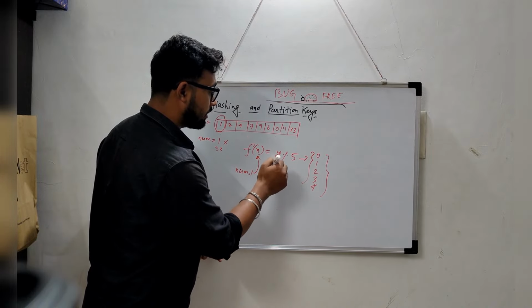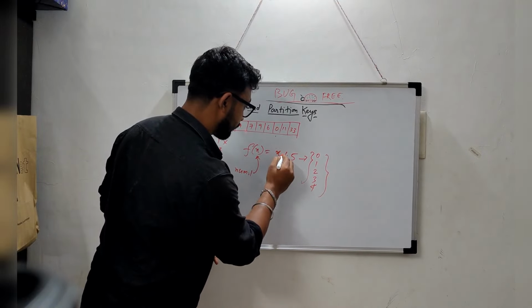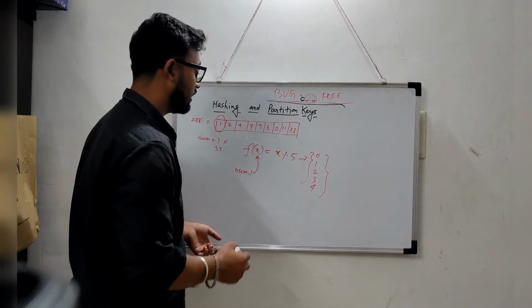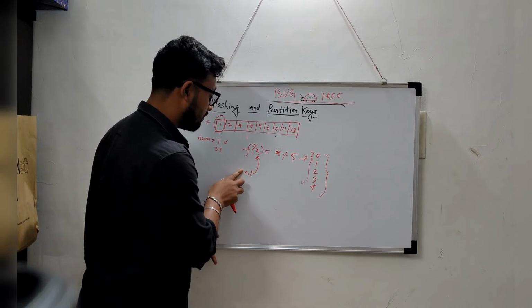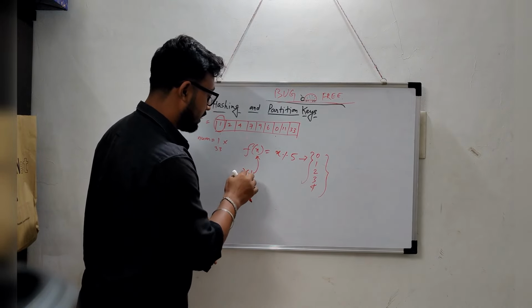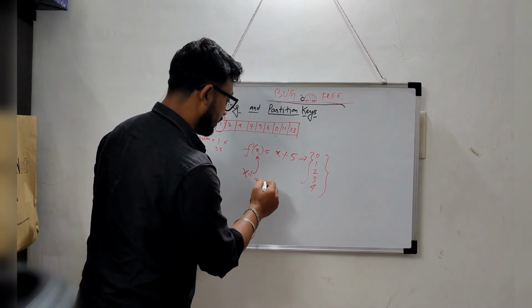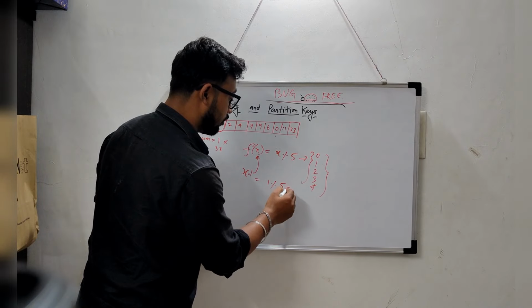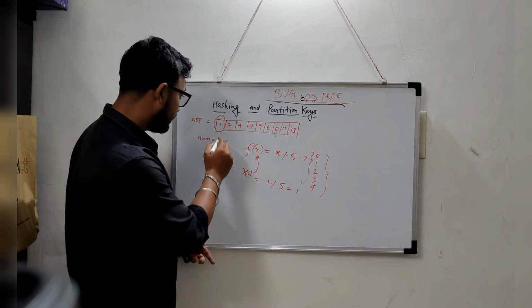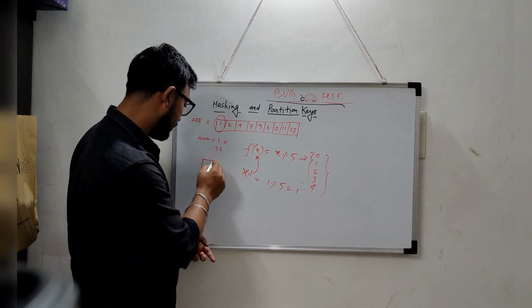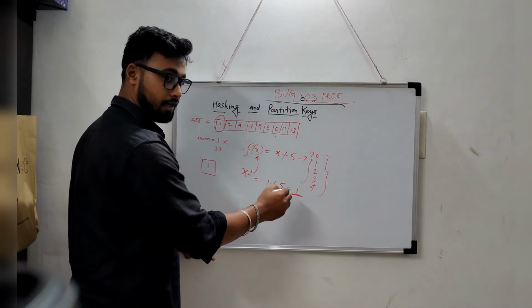Instead of y, it will be x only, f of x, right? The x value is 1, so the value will be 1 modulus 5, which is 1. So its key is 1, right?